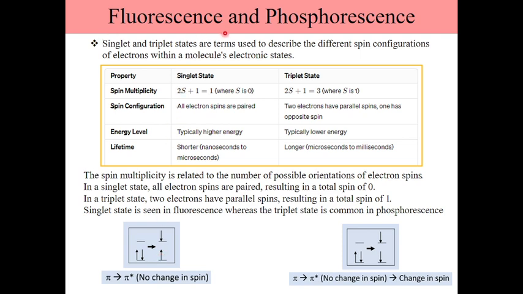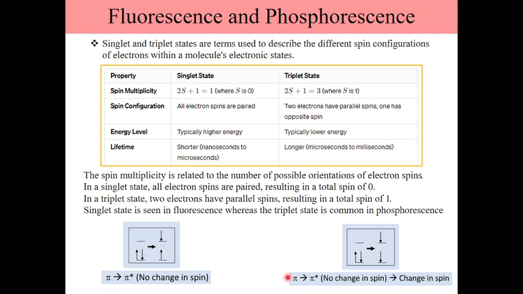But what happens in the case of phosphorescence? In phosphorescence, see here, there is no change in spin. So this electron remained here, and this electron went here. So it is going from pi orbital to pi antibonding orbital.